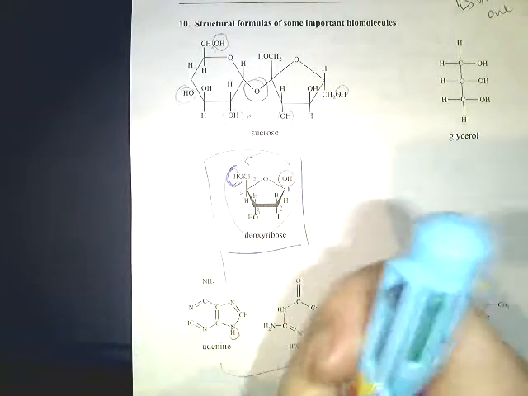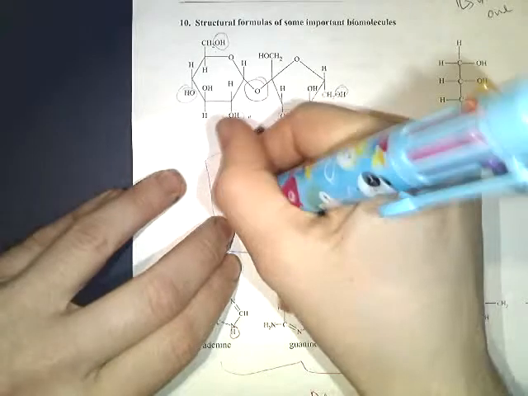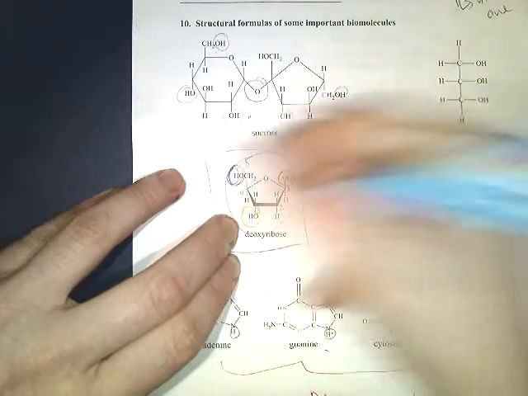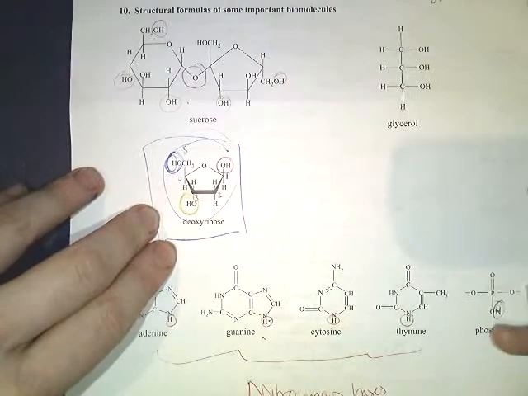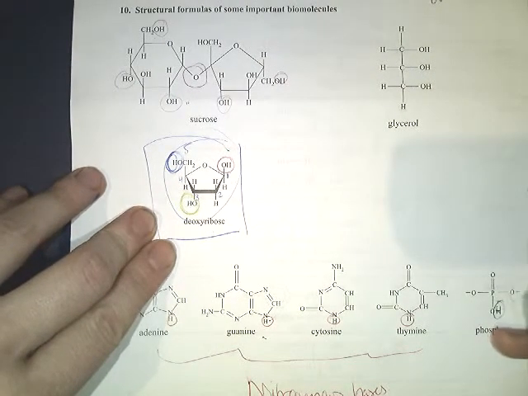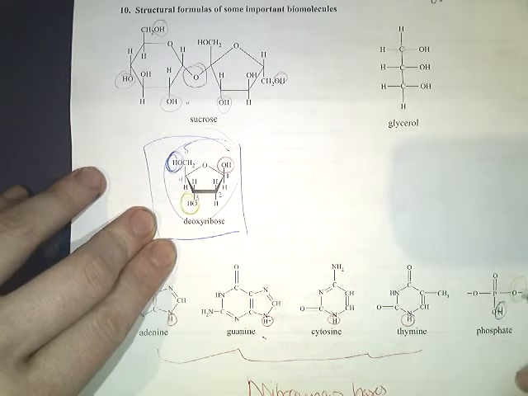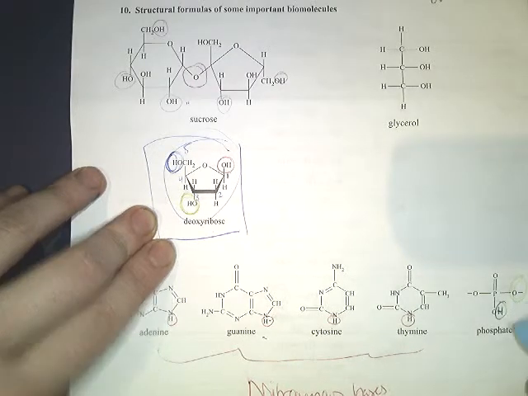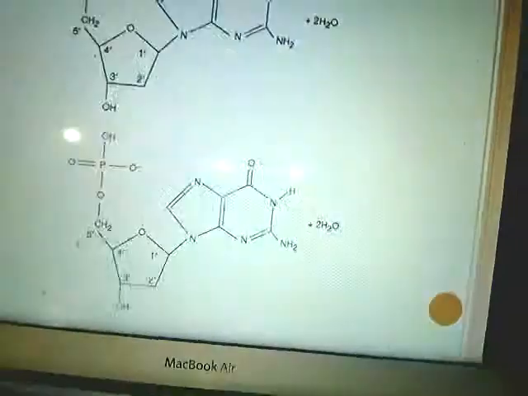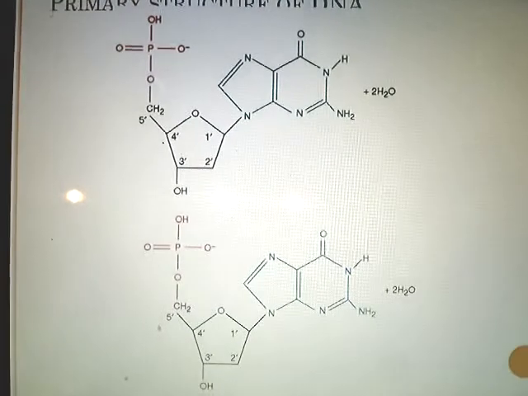What happens is the 3' OH bonds to the 5' phosphate of another deoxyribose molecule, another nucleotide.